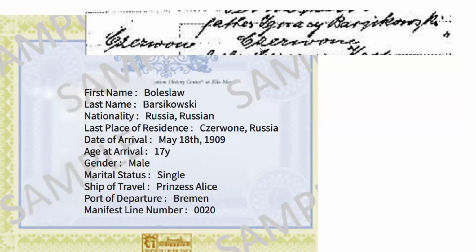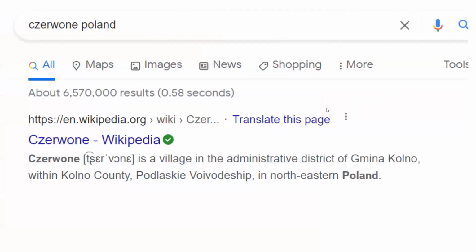When you look at the actual record, the person listed as Boleslaw Barzakowski coming in on that date, his father is Ignacy Barzakowski, same name. So it turns out for a whole bunch of reasons, we know this is the right person. So we look up Trevne, and I'm looking it up in Wikipedia, just an everyday Google search.